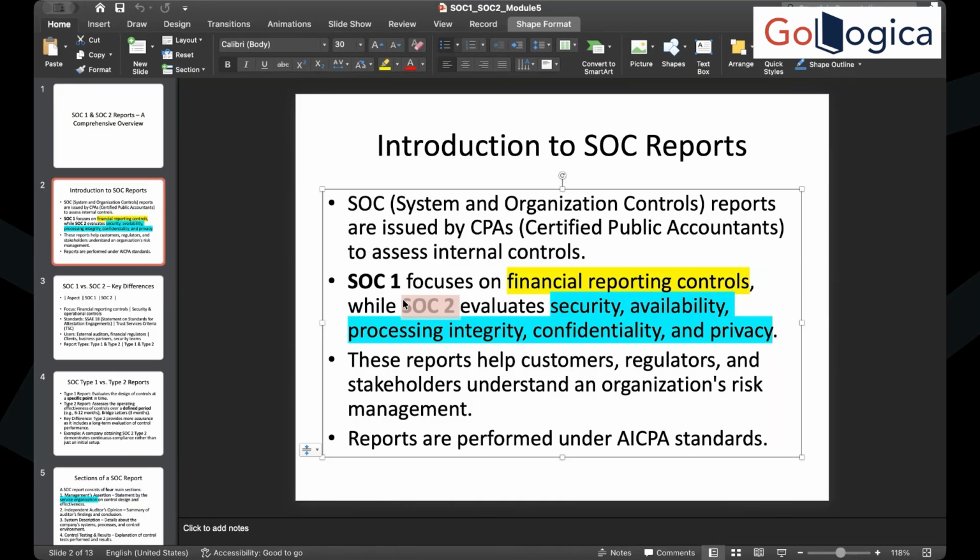I understand that before I sell a product, if I have a company, I have to verify the security posture, and these reports help with that.